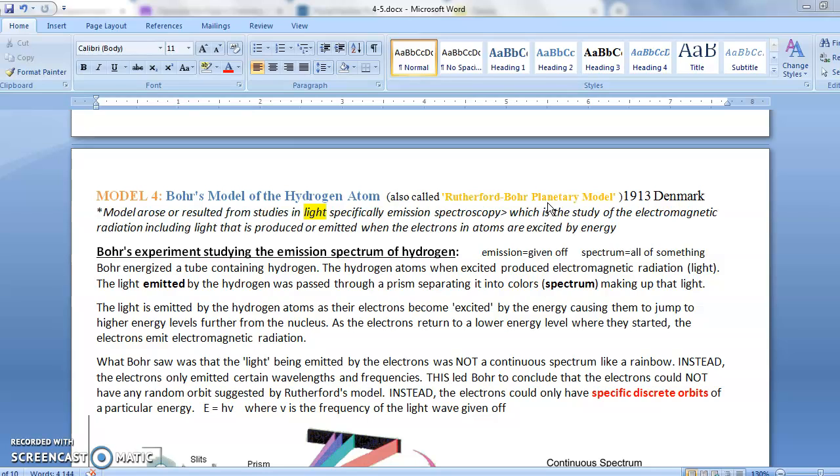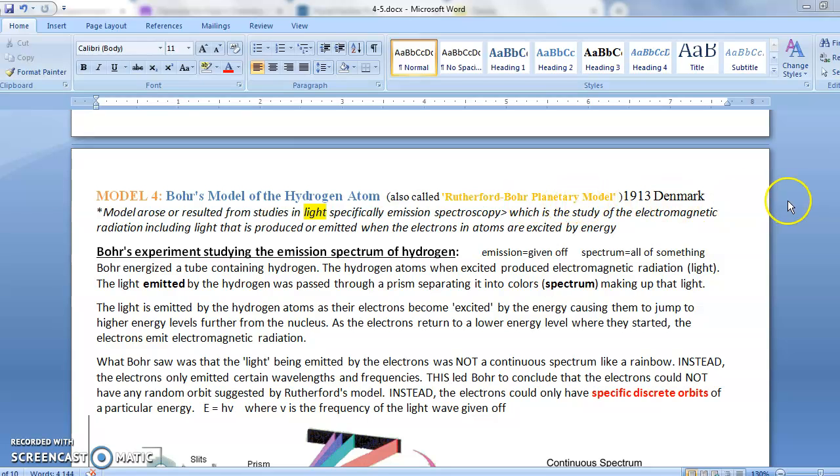The planetary model has the nucleus, which is like the sun. And from Bohr's contribution to the planetary model, the planets were like the electrons, and the electrons had to have specific orbits, the same way planets have specific orbits. So the Rutherford-Bohr model is sometimes nicknamed the planetary model.